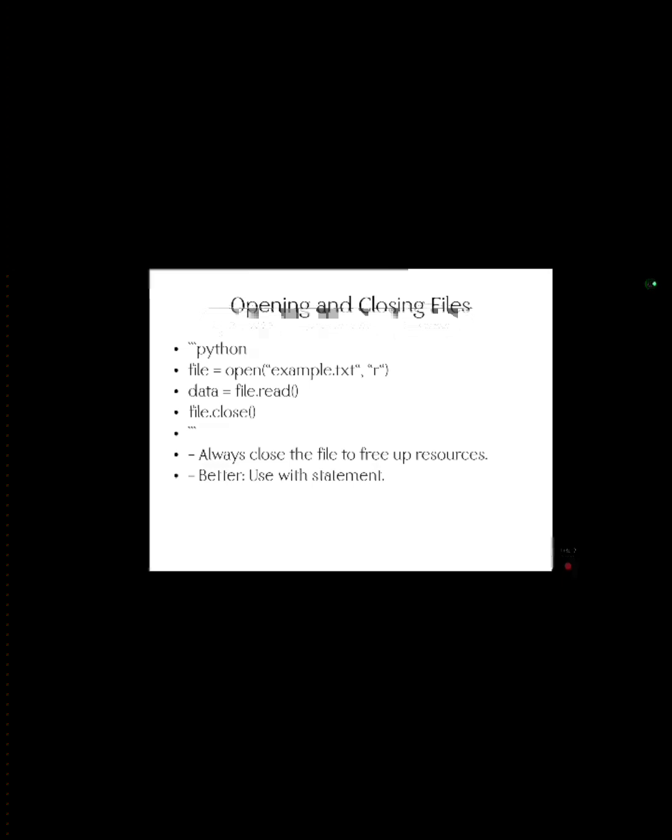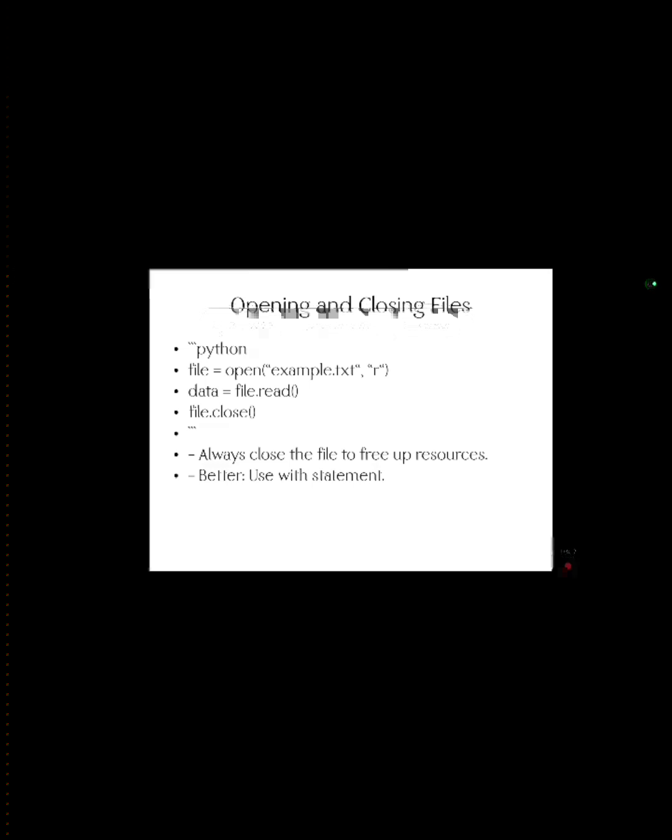Here we can see the example. In the previous slide we gave file equals open, and at last we closed it by file.close. In this slide we directly gave with open, meaning if we use the word with before open, then after the code is exited, it automatically closes the file.